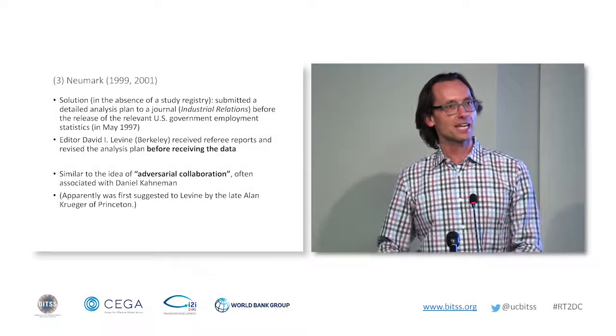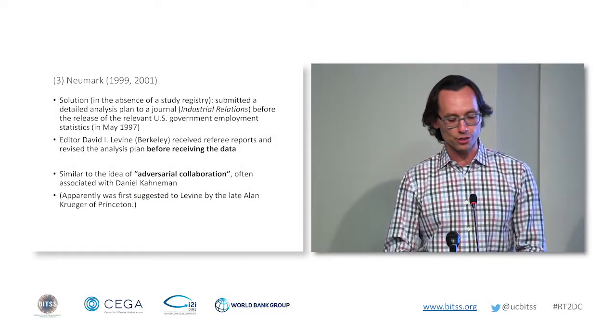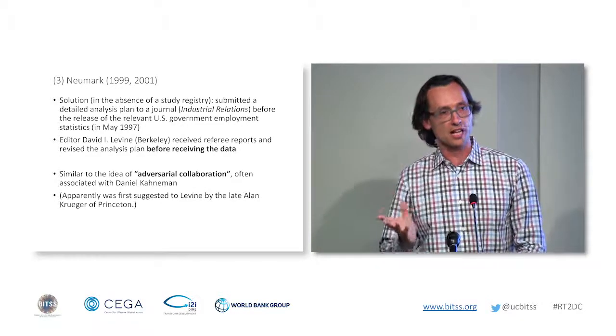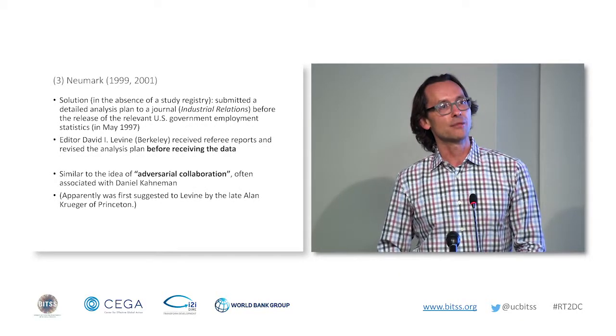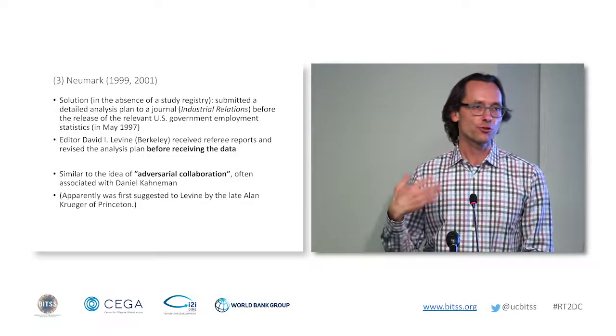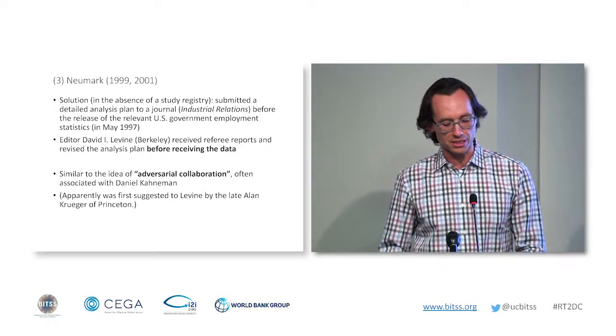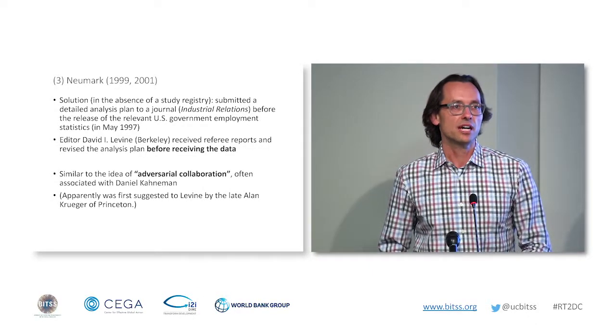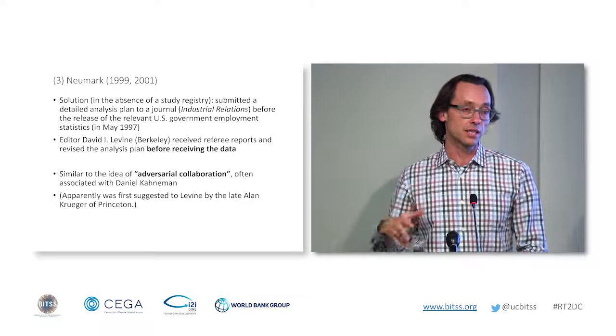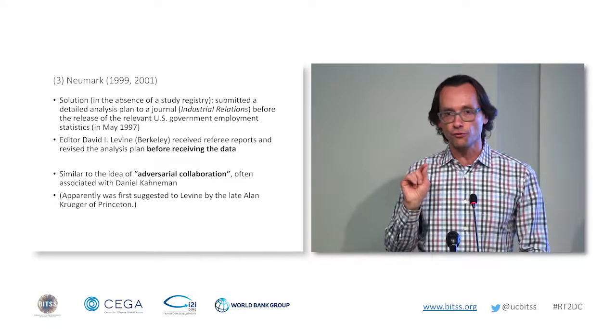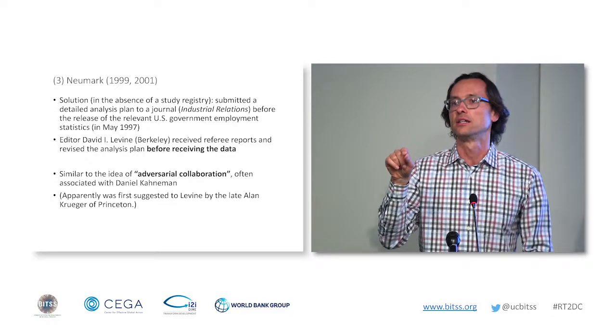It's very similar to the idea that Danny Kahneman, the Nobel Prize winner in economics, who's a psychologist, has called adversarial collaboration. And again, for even further intellectual history, talking to David Levine myself, he claims that the late Alan Krueger of Princeton actually was the first person to suggest this idea.